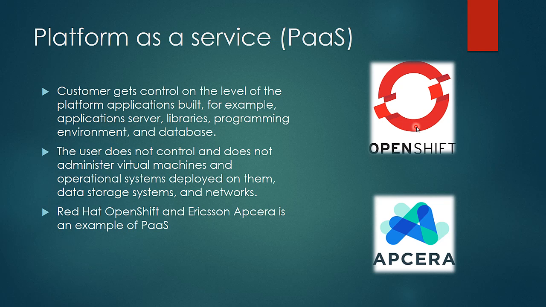For example, OpenShift, they are providing containers, containerized services, container services actually, so that application owner will simply come and they will start writing their code. So customer gets control on the level of platform application build. For example, application server, libraries, programming environment, and databases.